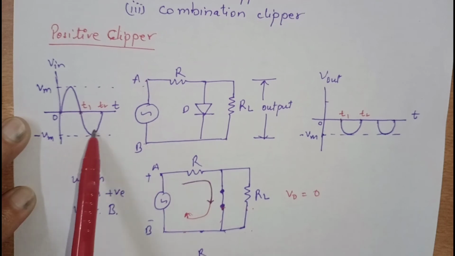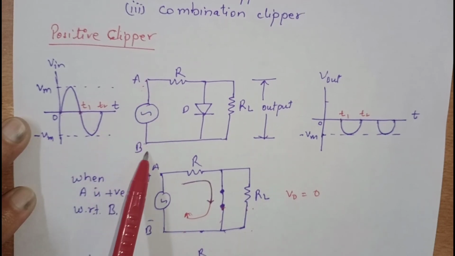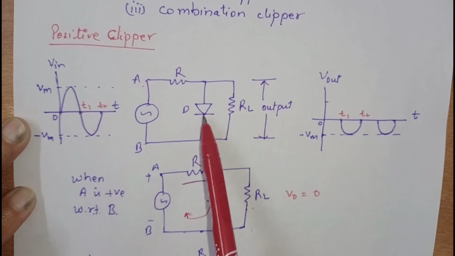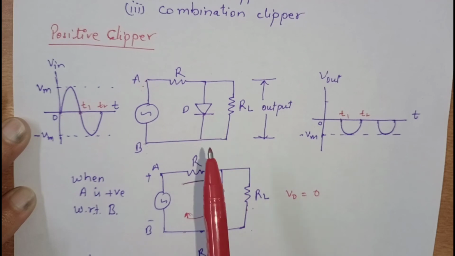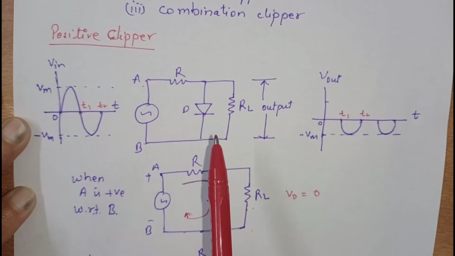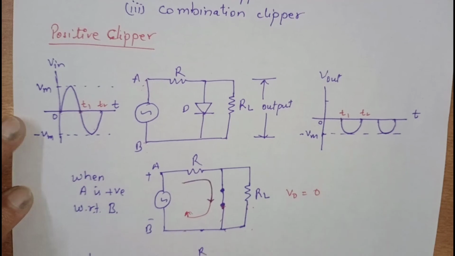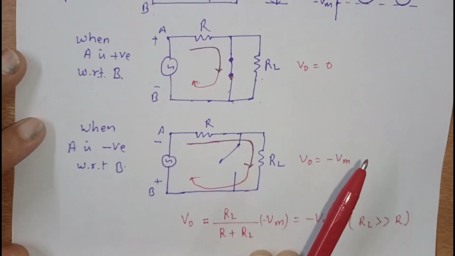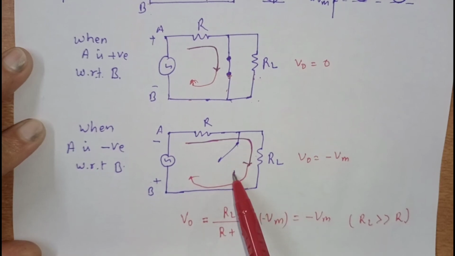Now during the negative half cycle, terminal A is negative with respect to B. So the diode is reverse biased. In reverse biasing, the diode exhibits a very high resistance and acts like an open switch. So the circuit can be reduced to this one, shown by an open circuit.